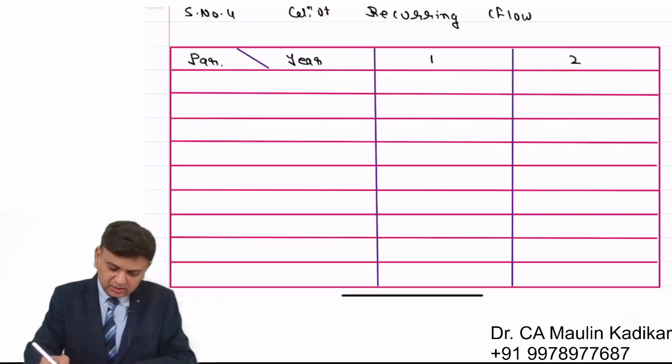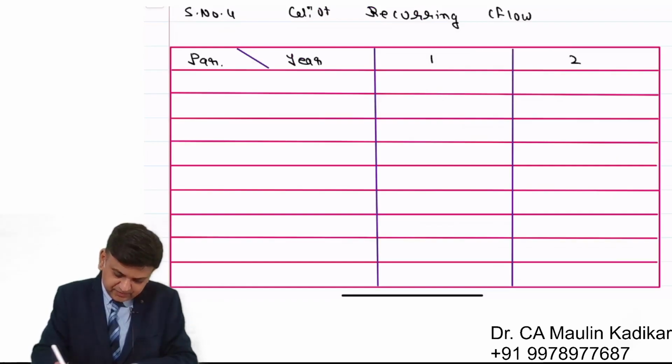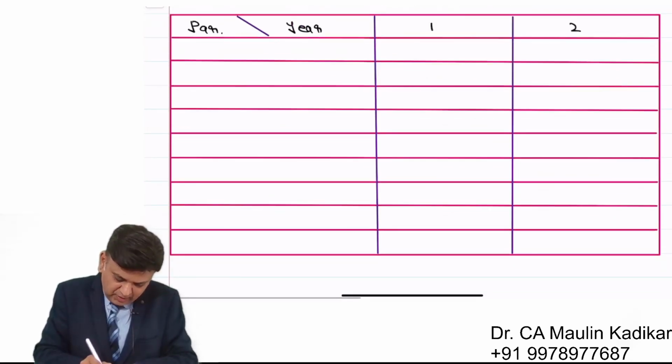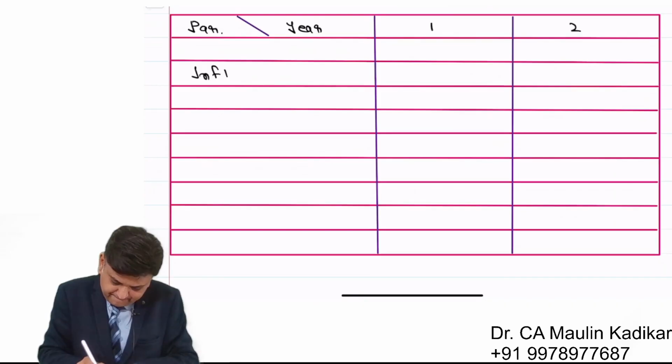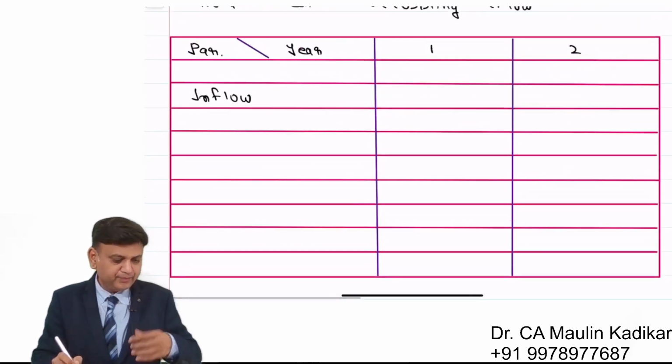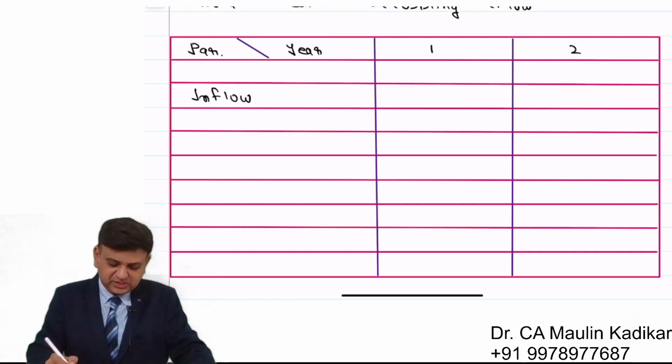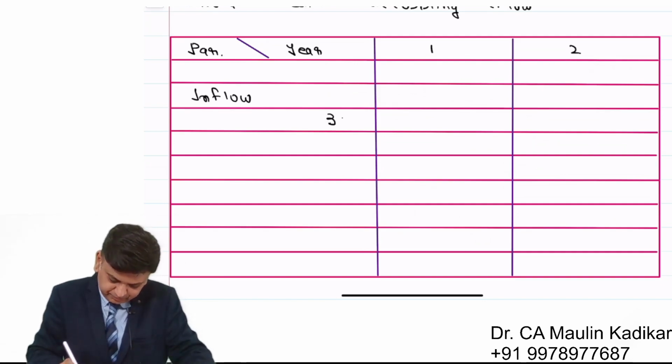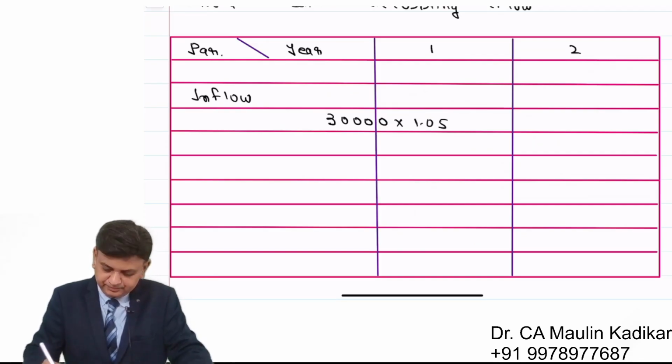Now friends, over here we are required to mention two things. One thing is inflow and another is outflow. First year inflow is provided to us as 30,000 into 1.05.